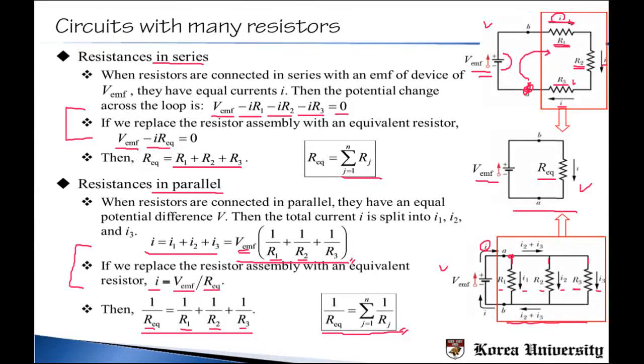Okay, so try to remember that if you have resistors connected in series, you will simply add them together to get the equivalent or total resistance. But in contrast, when you have resistors connected in parallel, then you will first take the inverse of the resistance and then make a summation. Then what you will get is the inverse of the equivalent resistance. Okay.